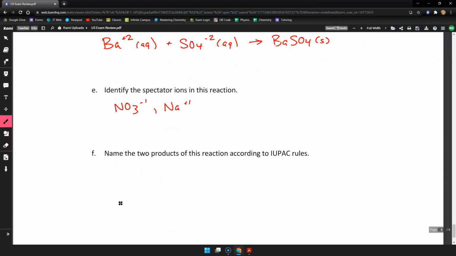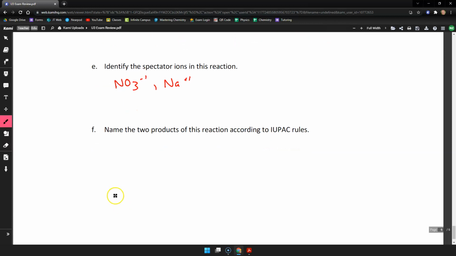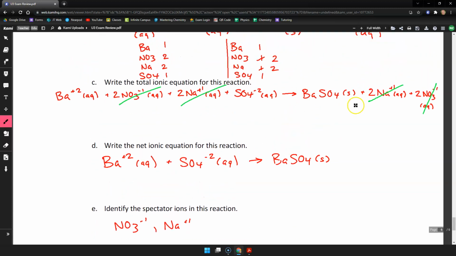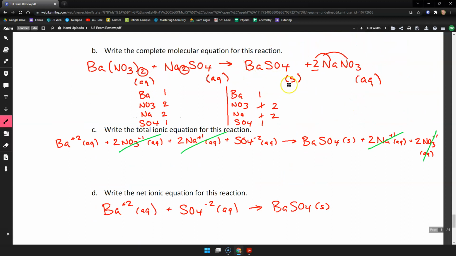All right. Name the two products of this reaction according to our naming rules. Okay, so the two products, we don't have 2 products, we only have 1 product. That's interesting. So, oh, wait a minute, I got it. 2 products according to this reaction. It's not talking about the net ionic reaction. Okay, so the other 2 products, if we go back up here, it's talking about the molecular.